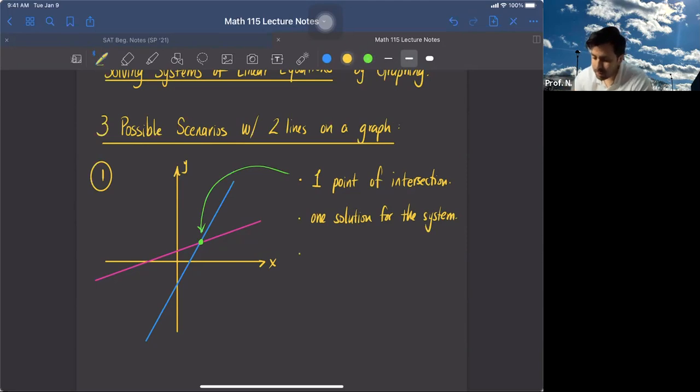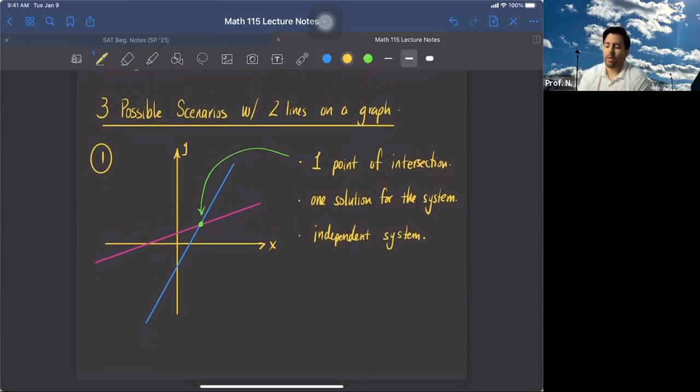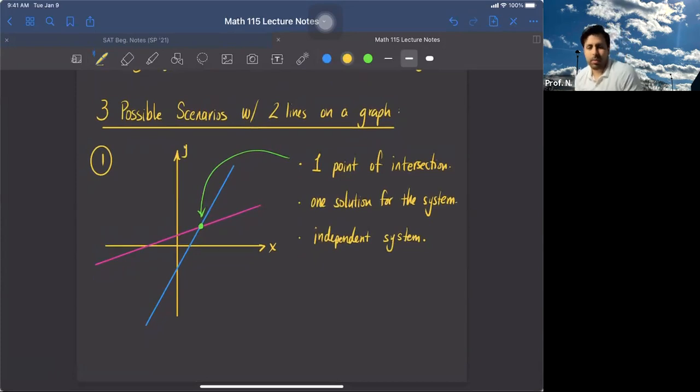This is called an independent system. That's the obvious one, the one that we expect. Now, remember, I said there's three though. So we have the possibility that the two lines intersect only one time, and that system is called an independent system of equations.